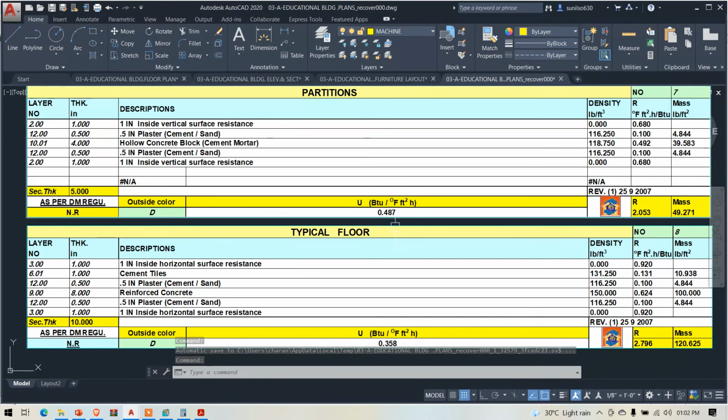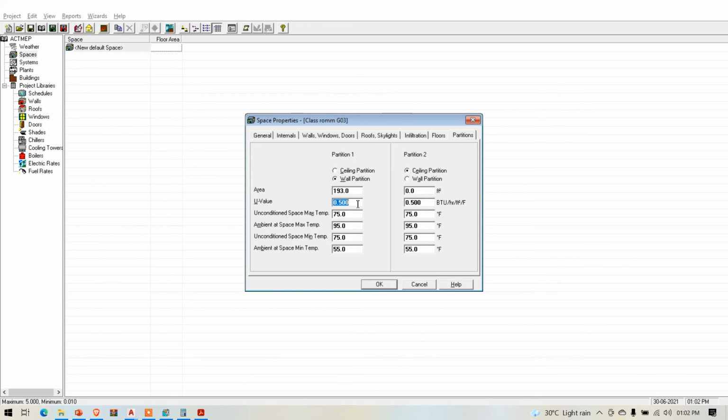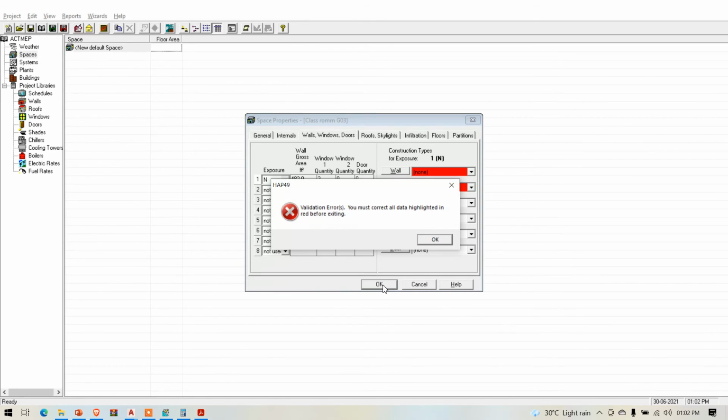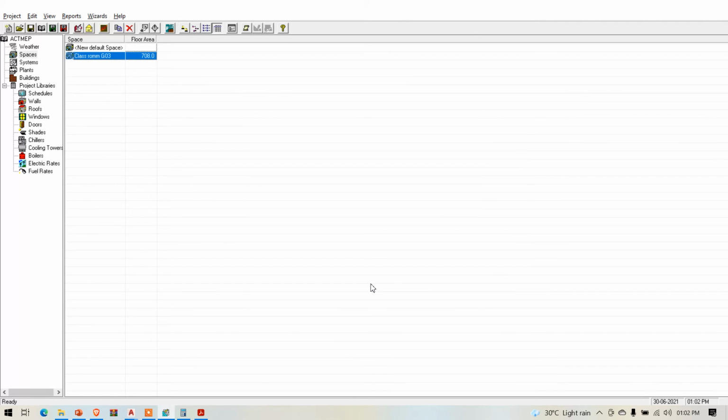This is the U value, so 0.487. Okay, and then give OK. Sorry, I forgot to change the glass window. Done. So this is how we have to create the spaces.